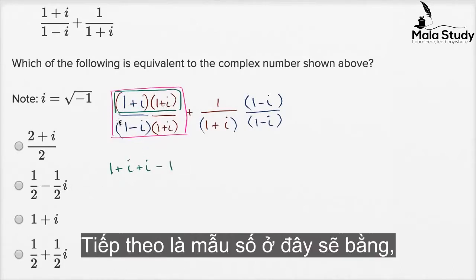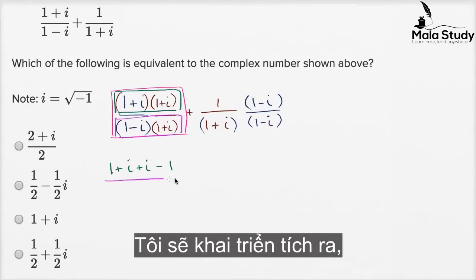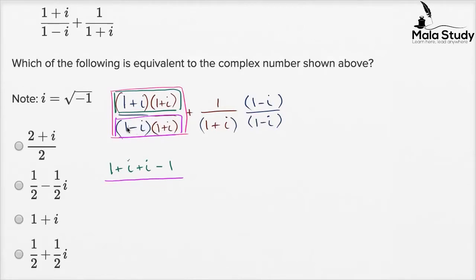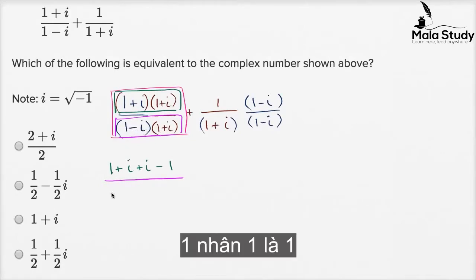And then this denominator over here is going to be, so we're going to have divided by 1 times 1. And you could say that this is a difference of squares right over here. Well, let me just multiply it out. We'll see that it's a difference of squares. So 1 times 1 is 1. 1 times plus i is plus i. Negative i times 1 is minus i. And then negative i times positive i.